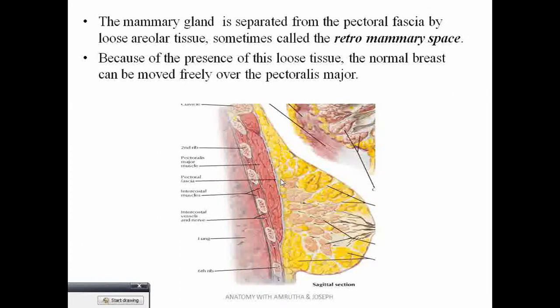So retromammary space is behind the mammary gland, just in front of pectoral fascia. It's made of loose areolar tissue. Because of this loose areolar tissue, the normal breast can be moved freely over pectoralis major. So this loose areolar tissue gives mobility to the normal breast.